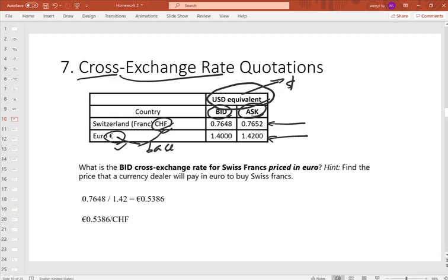This one should be the dollar to Swiss franc. Last time we used symbols, now let's use three letters.